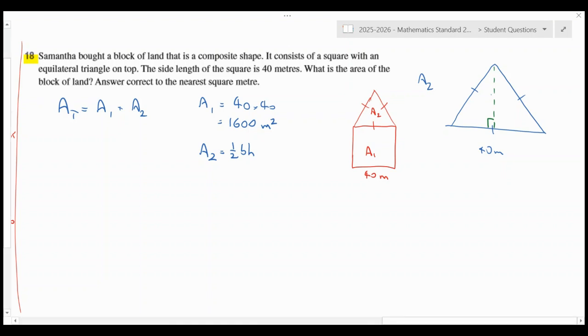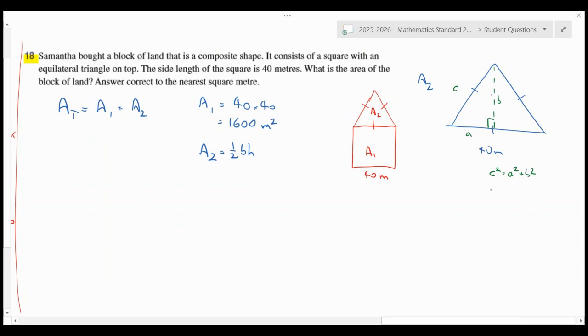Because I'm going to use Pythagoras, I know that c squared equals a squared plus b squared. This is my c, my hypotenuse, my longest side, and I'll call this a and that b. I'm trying to find b.